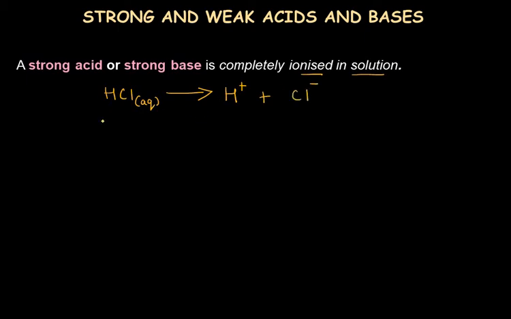That is, if we have taken 100 molecules of hydrogen chloride, all the 100 molecules should turn into hydrogen ions. We will get 100 hydrogen ions and 100 chloride ions, and we won't be left with any hydrogen chloride in molecular form. All the hydrogen chloride molecules change into ions.